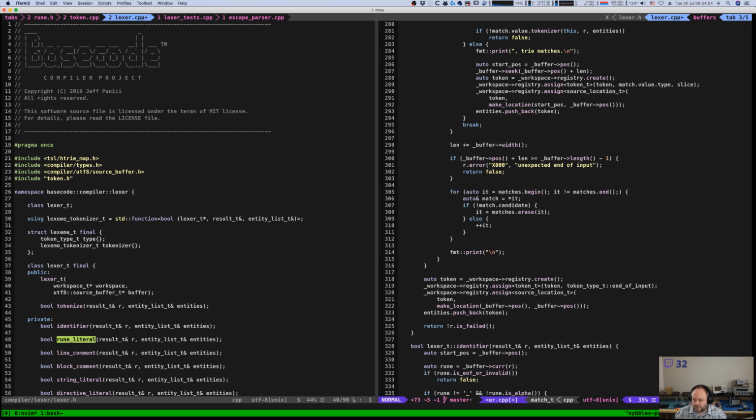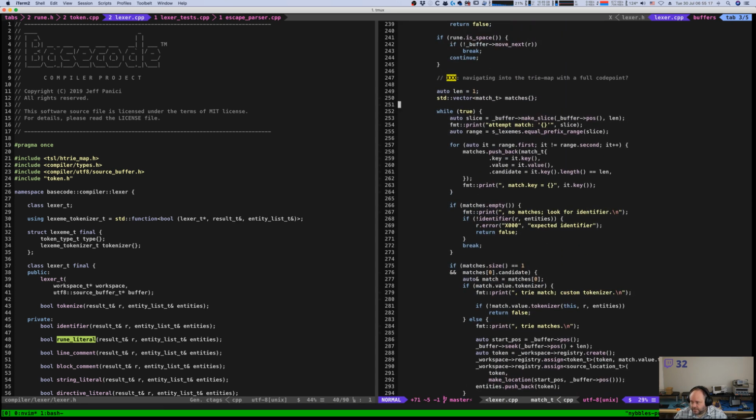So the first time through the loop, we're going to get 3 candidates, but only one of them is an exact match. So the first time through the loop, our list should be left with the match for the mod operator. And then when we come back around, we've now looked ahead a character, and it turns out it's 1.